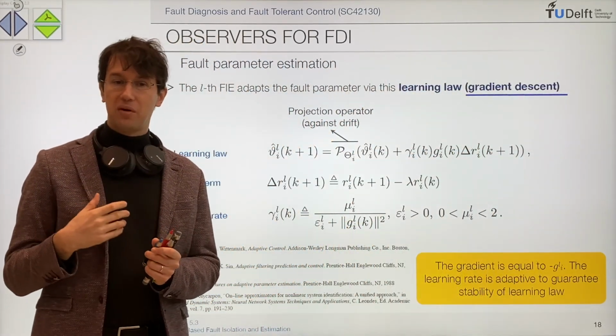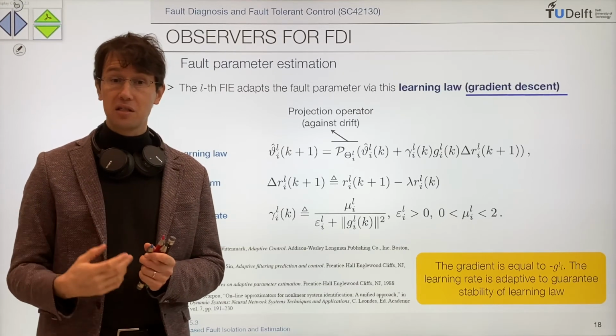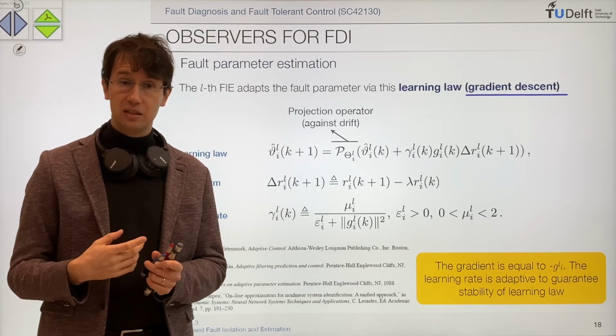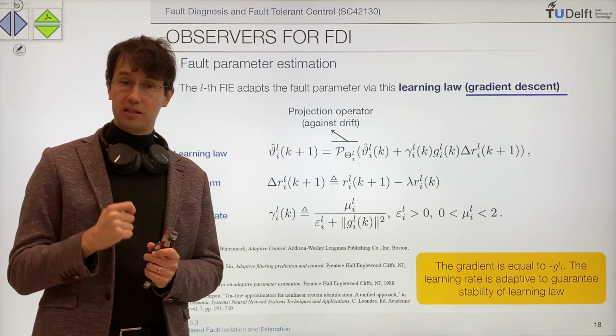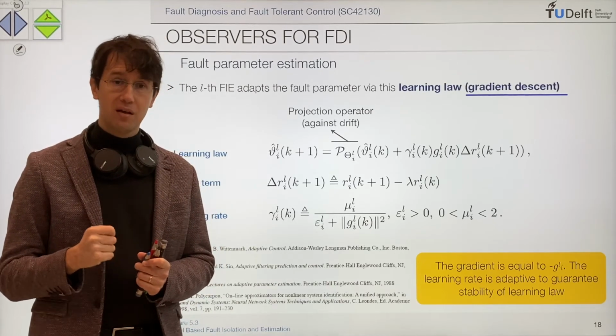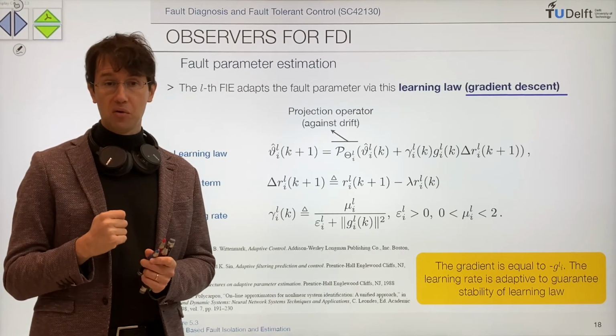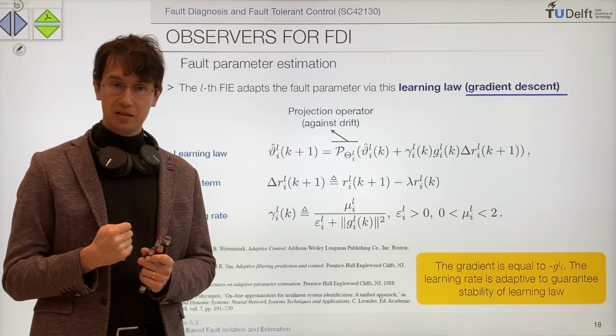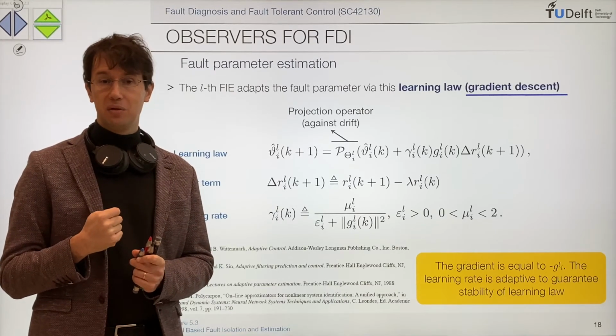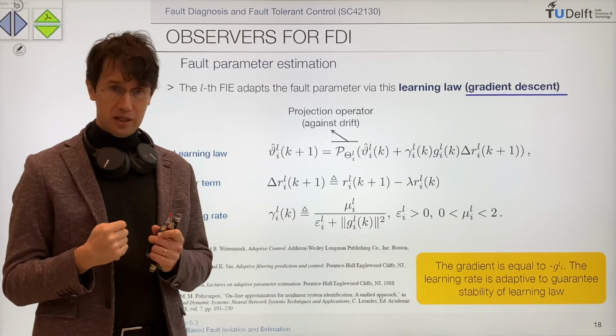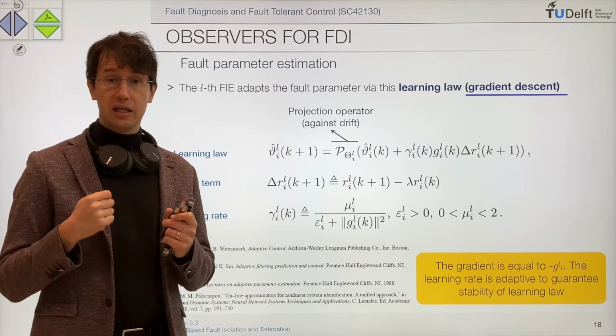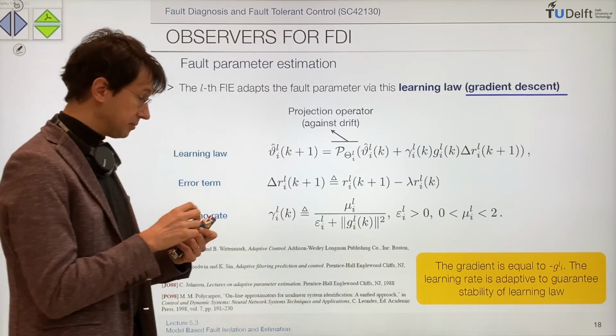So we have our residual. We know that the residual depends on the error in our estimation of the parameter. And then we implement a law for updating the parameter that is making the residual smaller. And the way to do that is to go in the negative direction of the gradient.